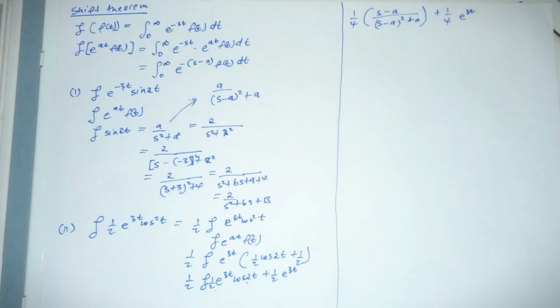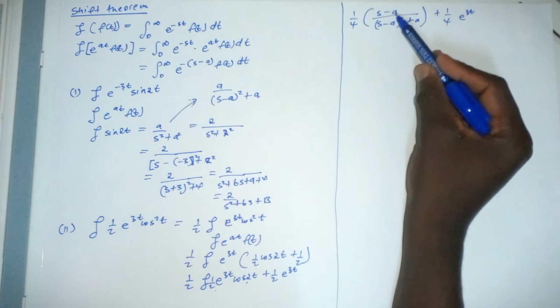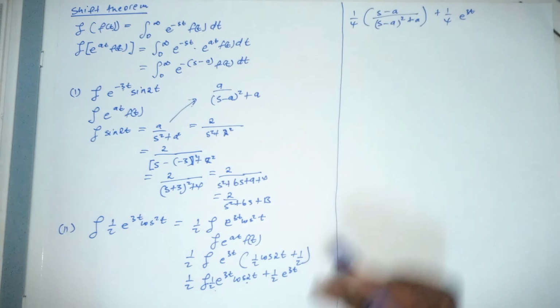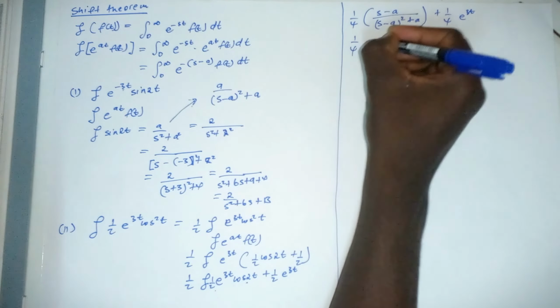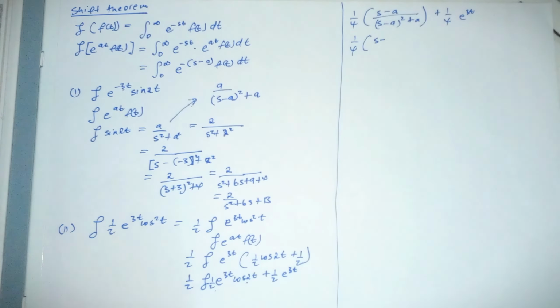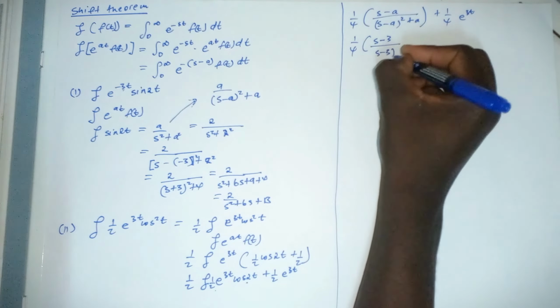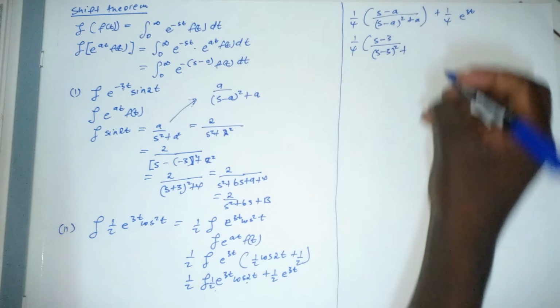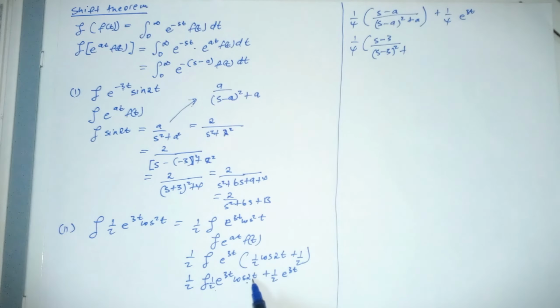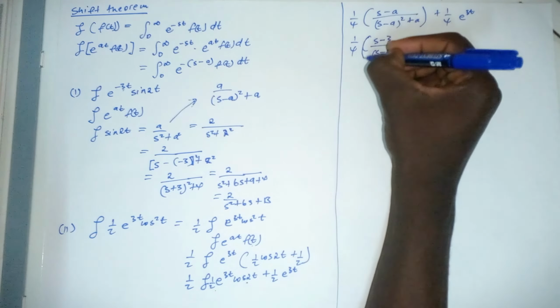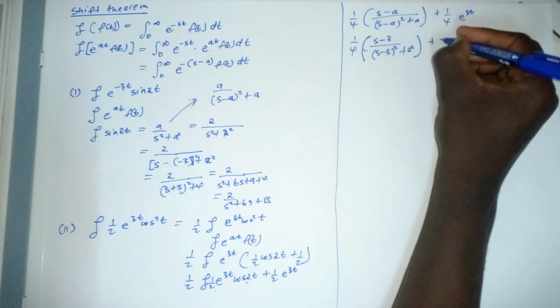This a from the substitution is the coefficient of t on the exponential function, so I'm going to write 1/4 (s minus 3) divided by (s minus 3) squared plus 2 squared, where 2 is the coefficient of t in f(t), plus 1/4.